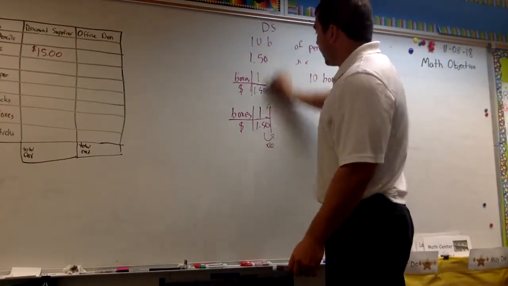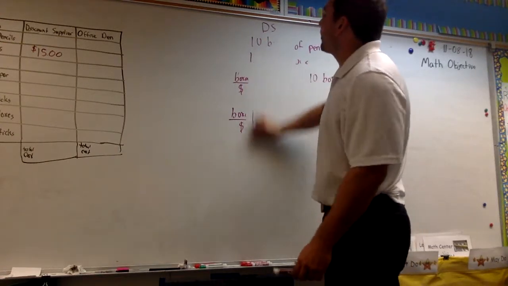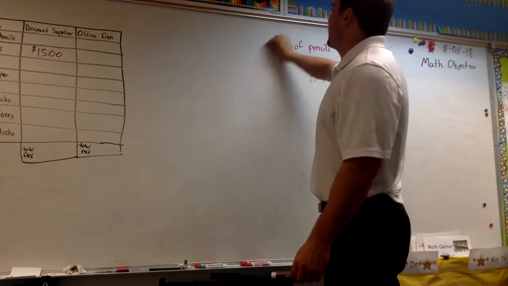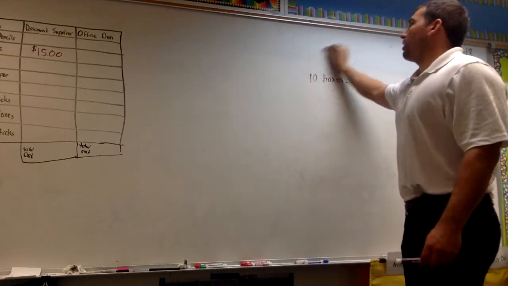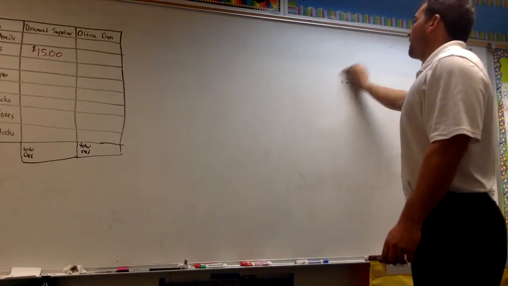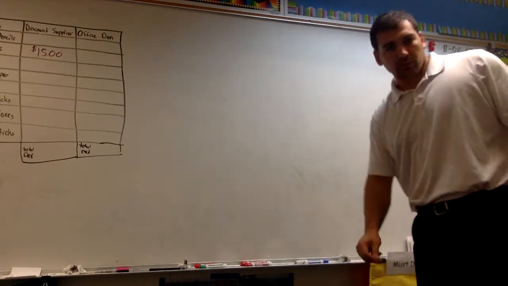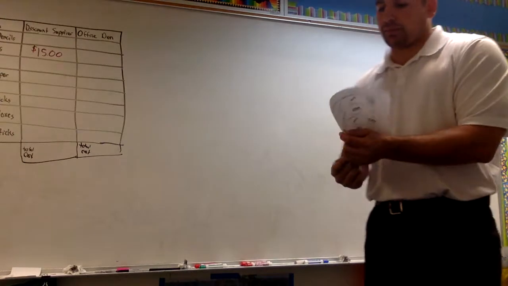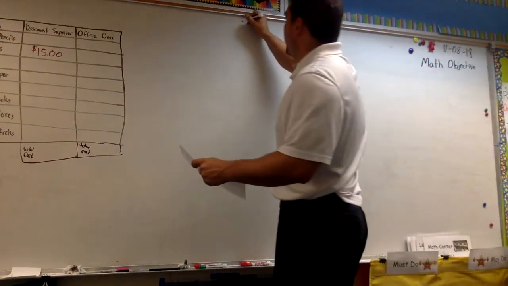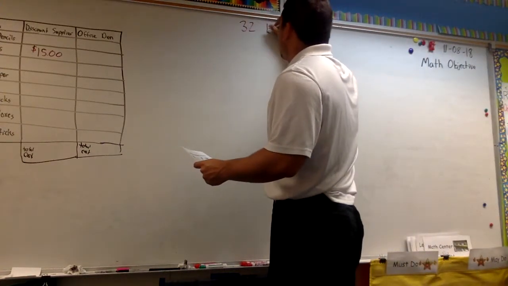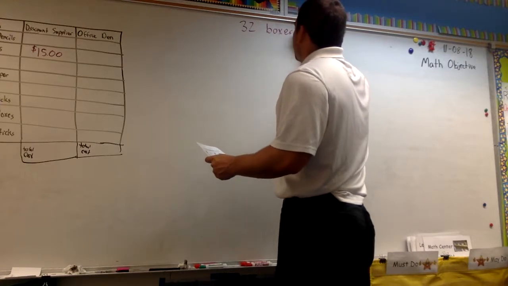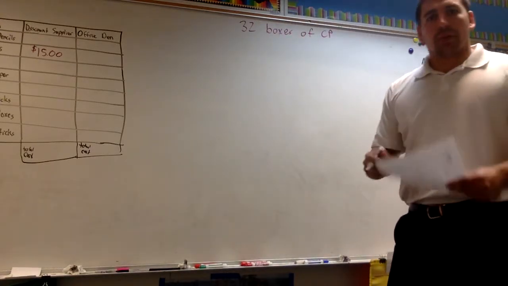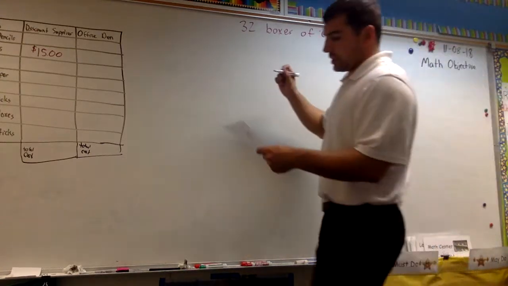Now we're going to do colored pencils. This is tough. I want you right now to pause and look at your chart to see what the price is of the colored pencils and how many boxes we need. Okay, so the colored pencils at Discount Supplies, we need 32 boxes of CP, colored pencils. But here's the tricky thing with the price.